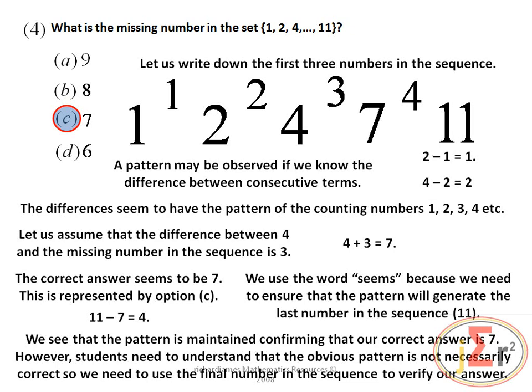We continue the sequence up to the last number that is given in the set, and if the pattern is the same throughout the entire sequence or set of numbers, then we are sure that our answer is correct, as in this particular case.